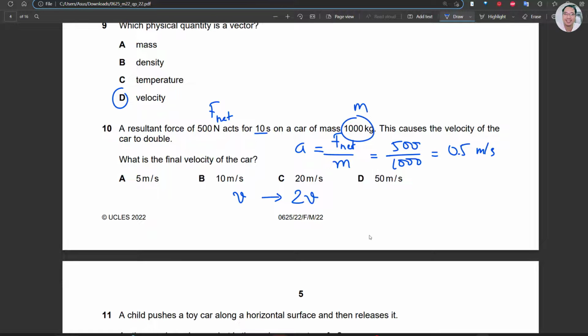So the increase in velocity is 2v minus v, which is v, over the time of 10 seconds, and that acceleration is 0.5. Therefore, velocity is 10 times 0.5, 5 meters per second. Okay.